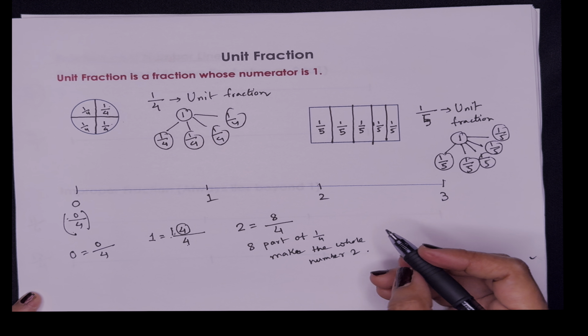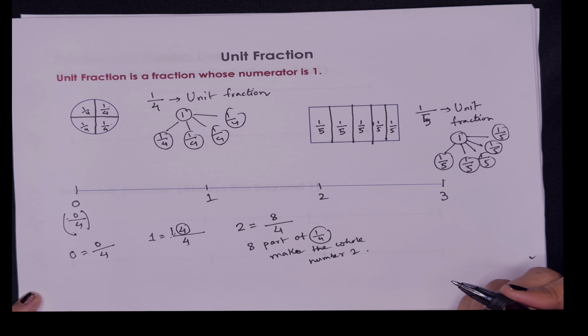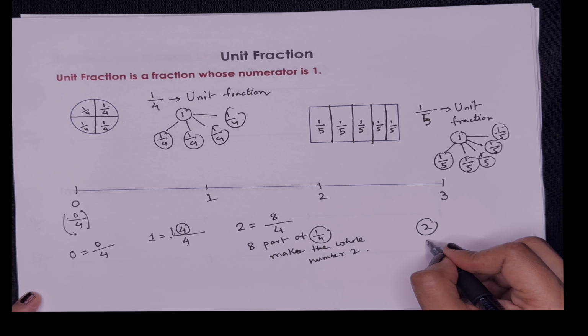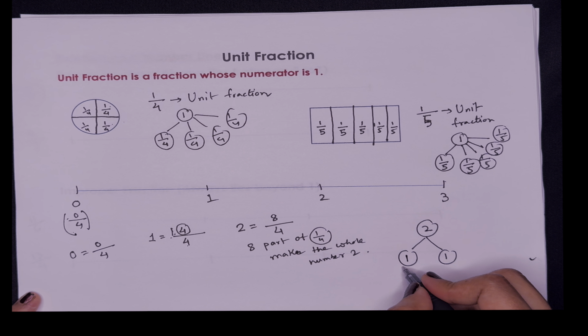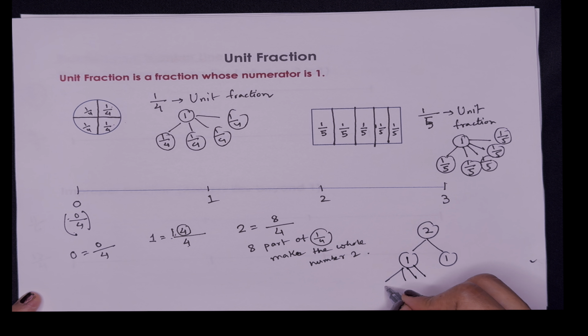So if we join eight 1 by 4, it will make 2. Let's put it as a number bond. 2 means 1 by 1. Each 1 by 1 has 1 by 4 parts.